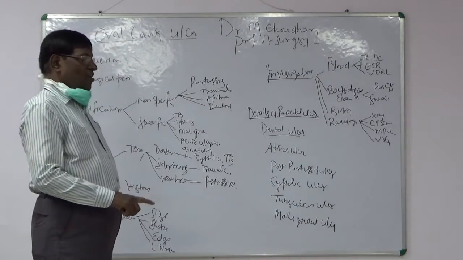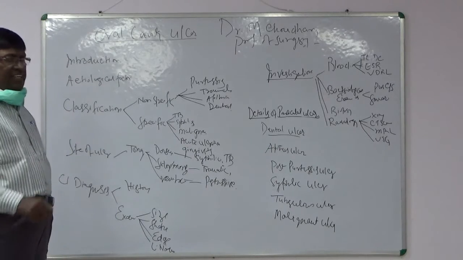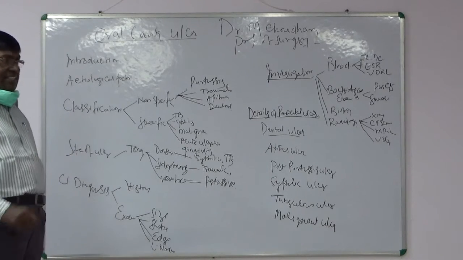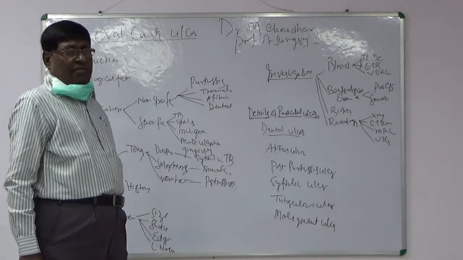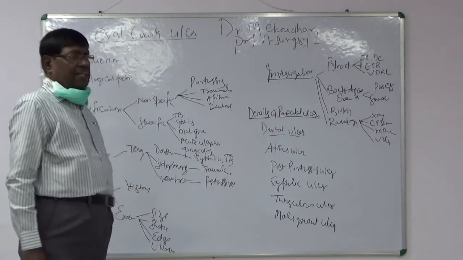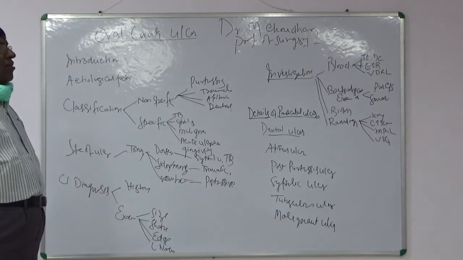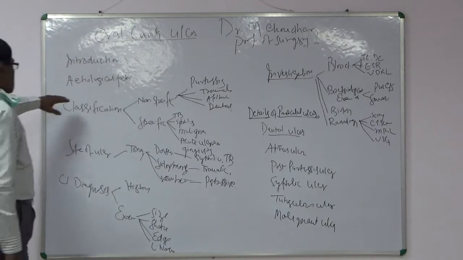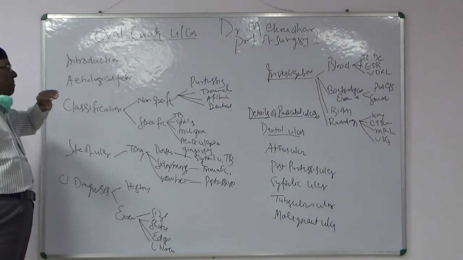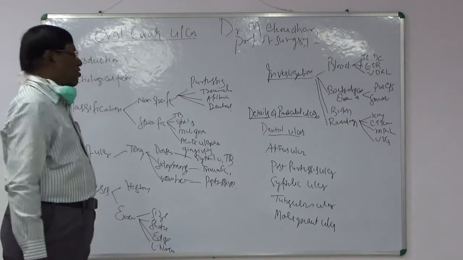Ulcer is very common in our oral cavity, and so many infections, bacterial, fungal, and even viral infections can cause ulcers in our mouth, and manifestations of many organic diseases also cause ulcer formation in the buccal cavity. So these are the ecological factors that make it a common site of ulcer.